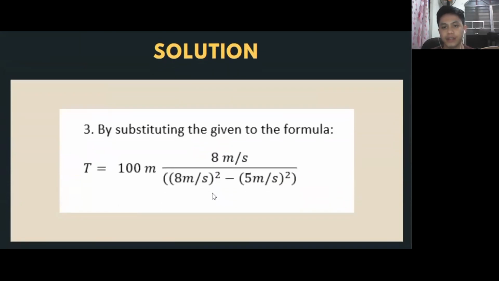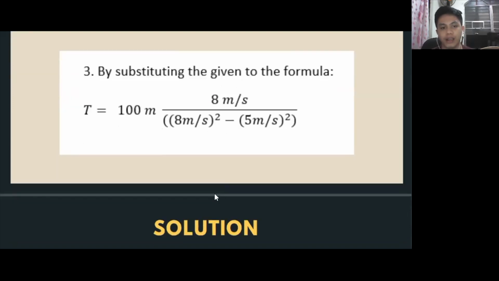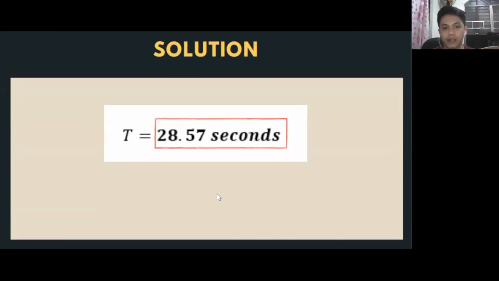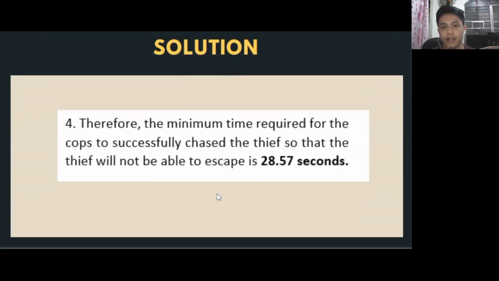By substituting the given to the formula, we will have 100 meters multiplied by 8 meters per second all over 8 meters per second squared minus 5 meters per second squared. And we will obtain a value of t which is equivalent to 28.57 seconds. Therefore, the minimum time required for the cops to successfully chase the thief so that the thief will not be able to escape is 28.57 seconds.